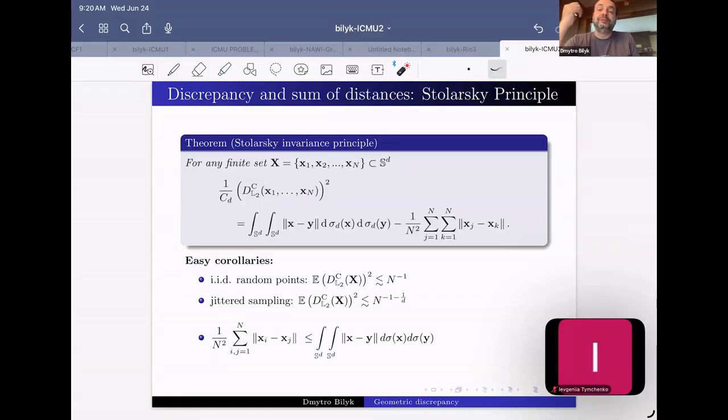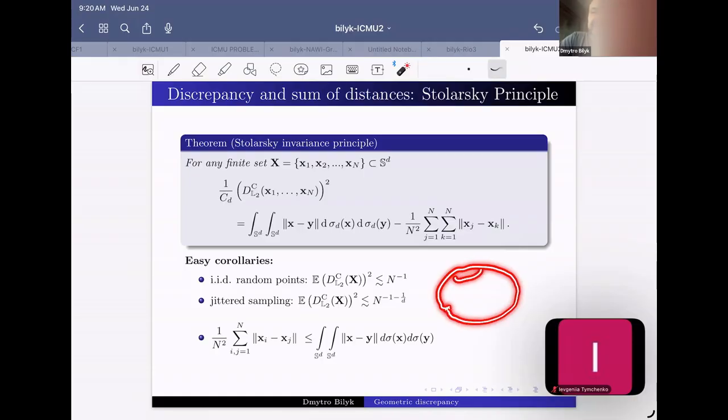If you take jittered sampling, and you will discuss this in detail tomorrow, and also it's described in the homework, roughly speaking, jittered sampling works in the following way. It's also a random point collection, but you first precondition the sphere, you divide it into pieces which are somehow almost equal.